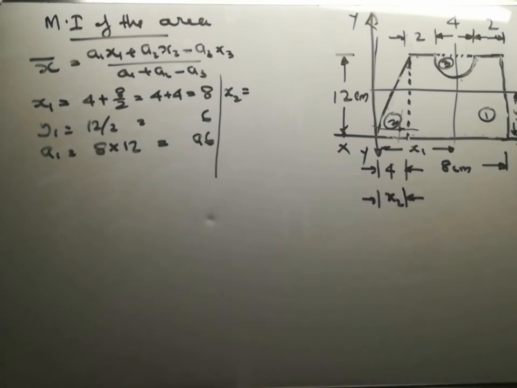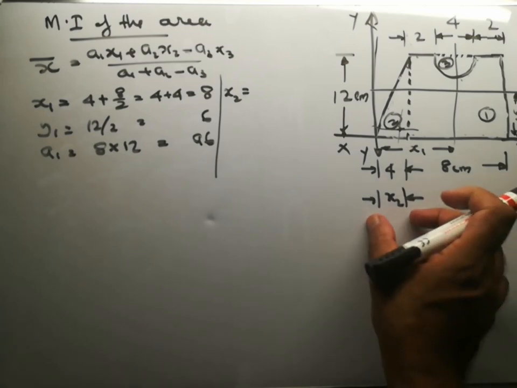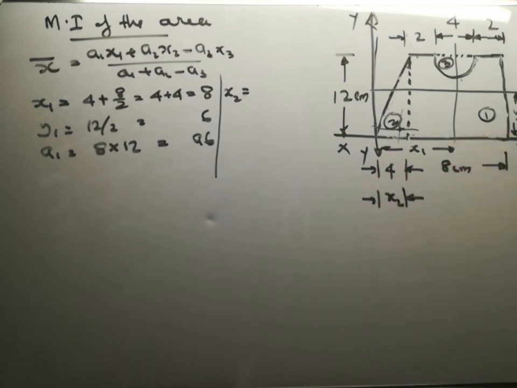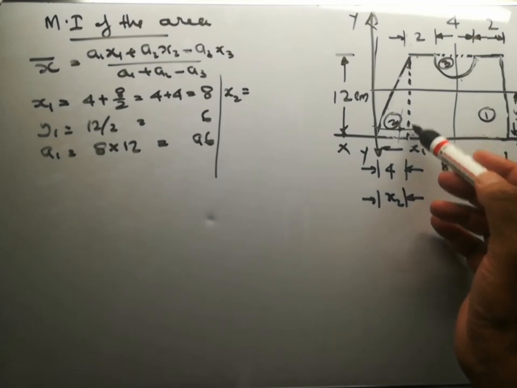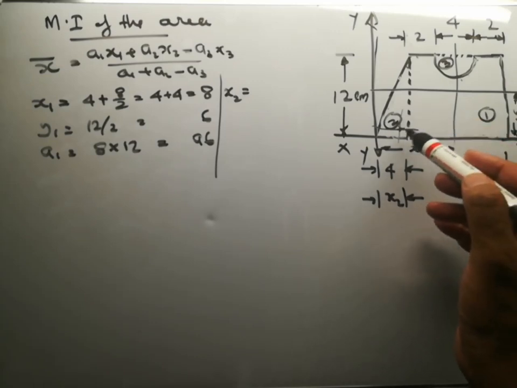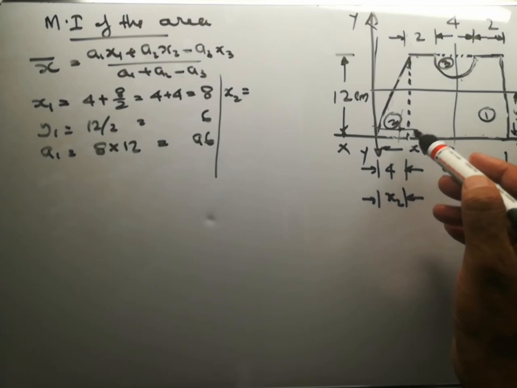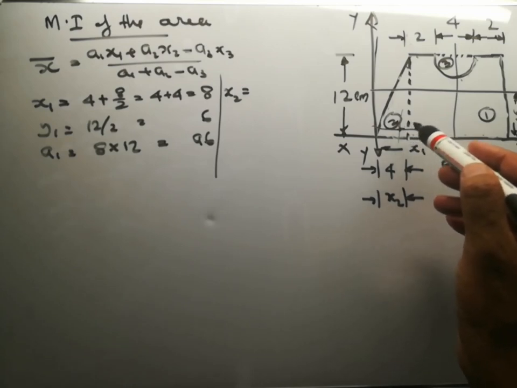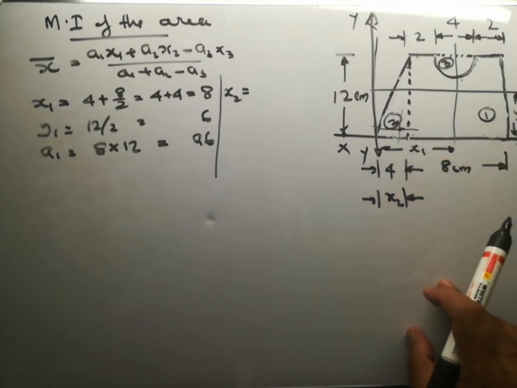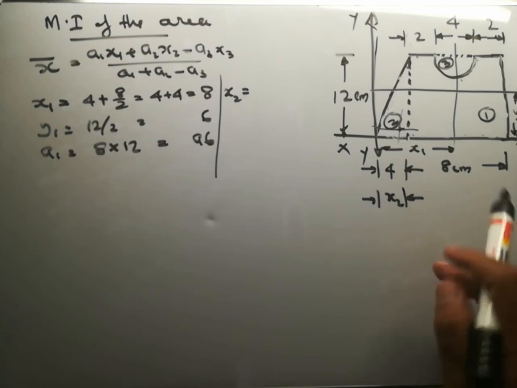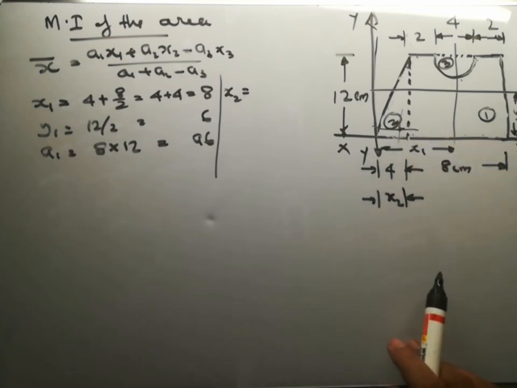That is x2. x2 is 4 minus 4 by 3, because we know the centroid from this line is at 1 by 3rd of the width. Width is 4 centimeter. 1/3 of the width is 4 by 3.